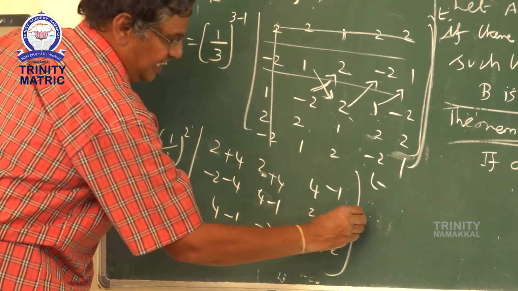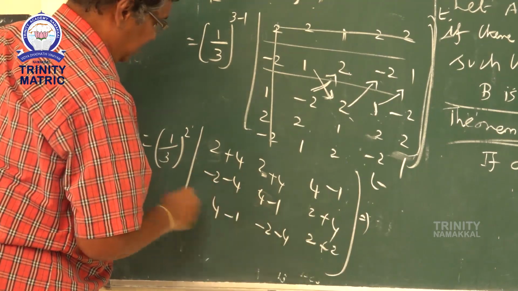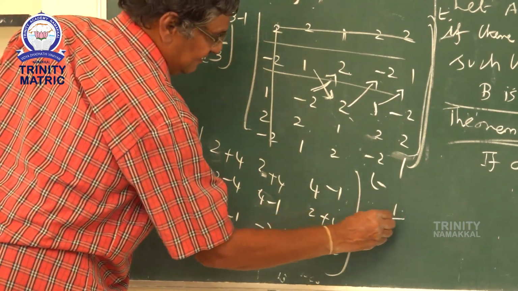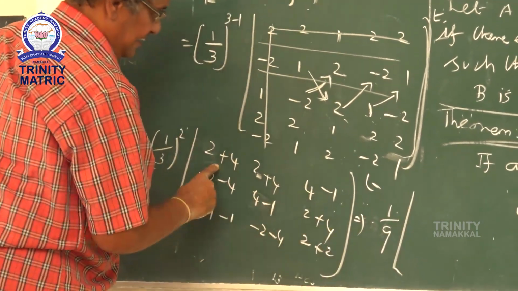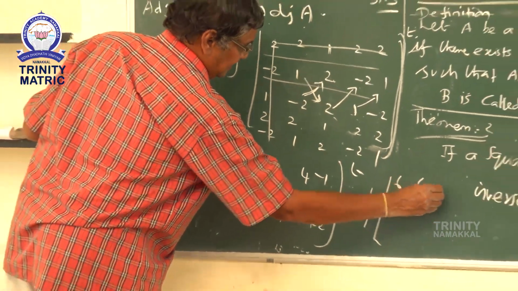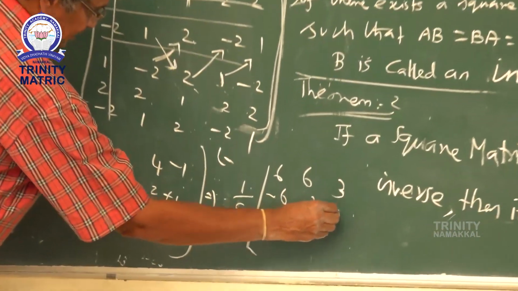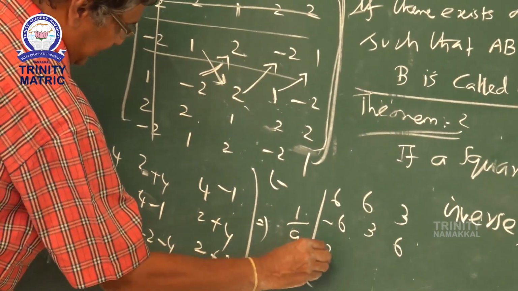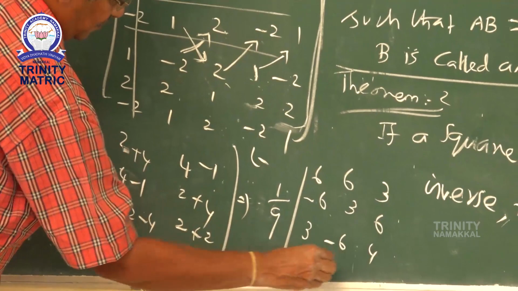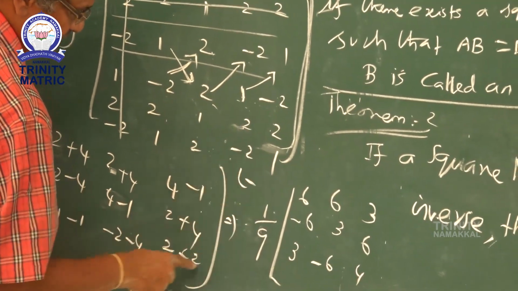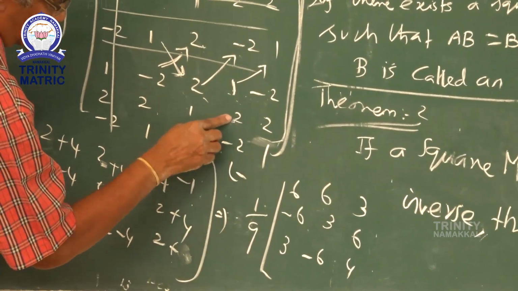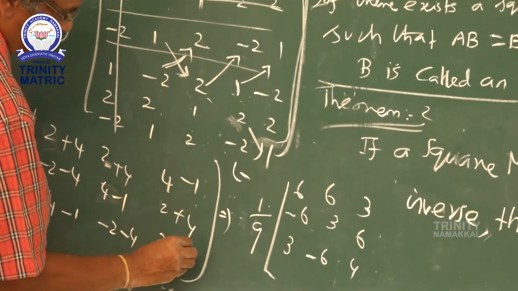What is the value here? 2 plus 4. 1 by 3 whole square, what can we get? 1 by 9. This one is 6, 6, 3. This one is minus 6, 3, 6. This one is 3 minus 6, 4. Yes, this one is 4, 2 plus 4, that is 6.